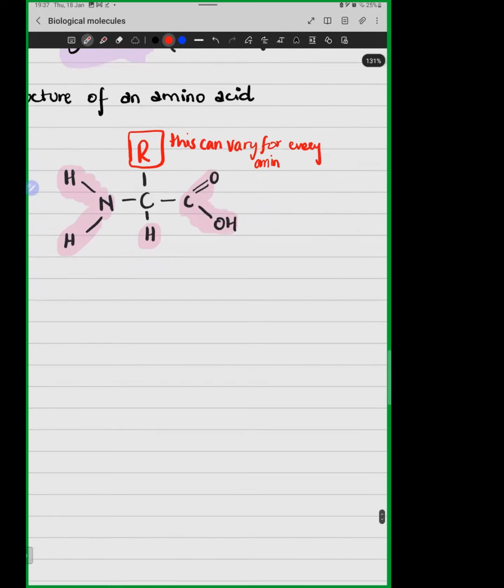But what stays the same is this entire structure. This always stays the same. So we have a carboxylic acid group right over here. And then this is our amine group कह सकते हैं या amino group कह सकते हैं. And this is how we get the name amino acid.